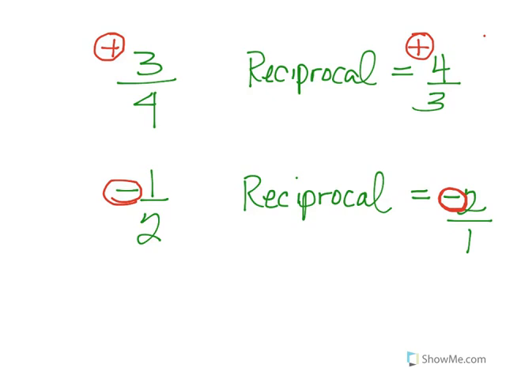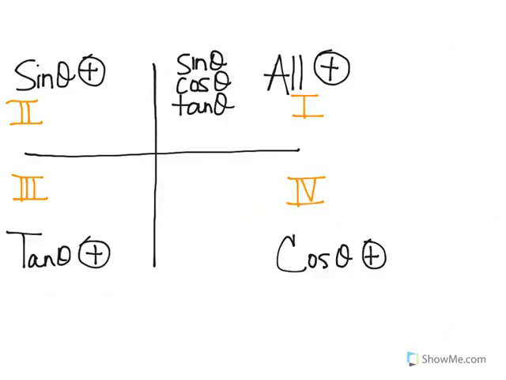So we're going to actually incorporate this rule for our original diagram here for All-Star Trig Class. Because the reciprocal functions are going to follow the same rules as sine, cosine, and tangent. Despite the fact that they are going to have different values, they're going to have the same sign of their values, right?